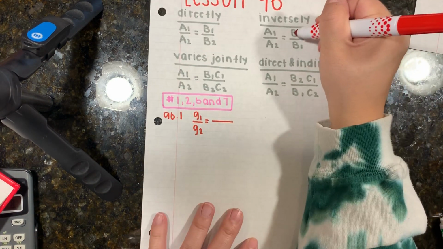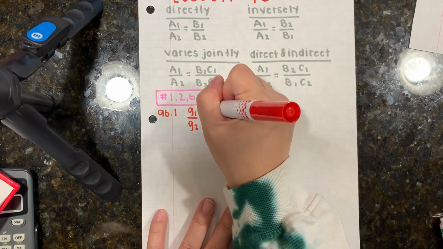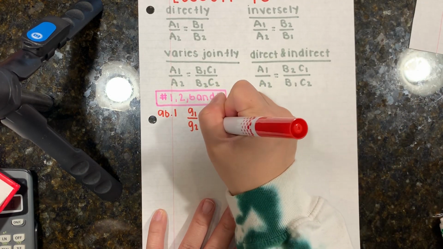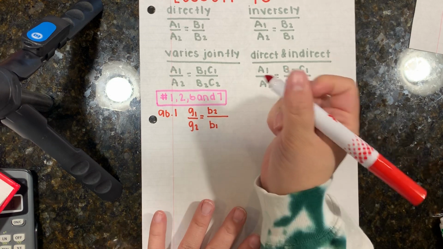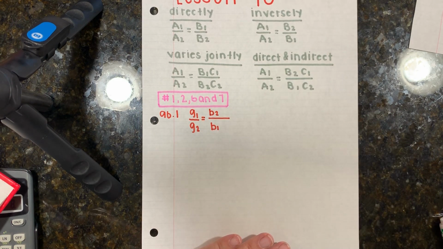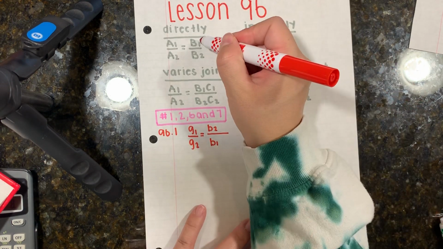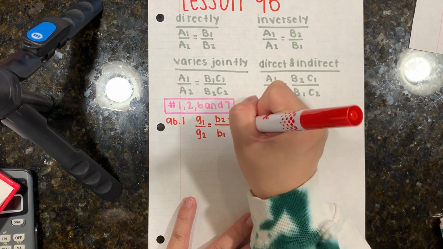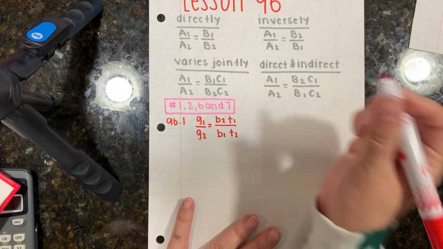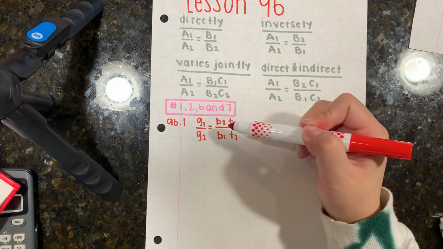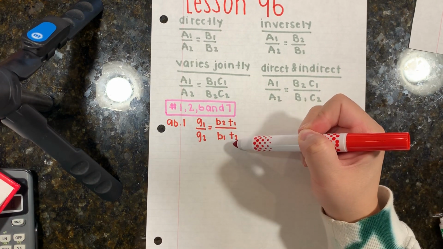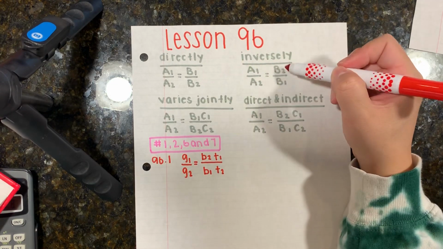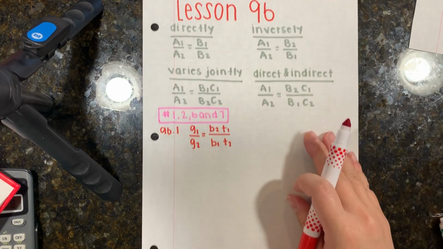Inversely, I would use this equation, so that would be B2 over B1. And then it says, and directly as the number of teachers. Directly would be B1 over B2, so teachers would be T1 over T2. So it said inversely to boys and directly as teachers, so I'm using both the directly and the inversely or indirectly.